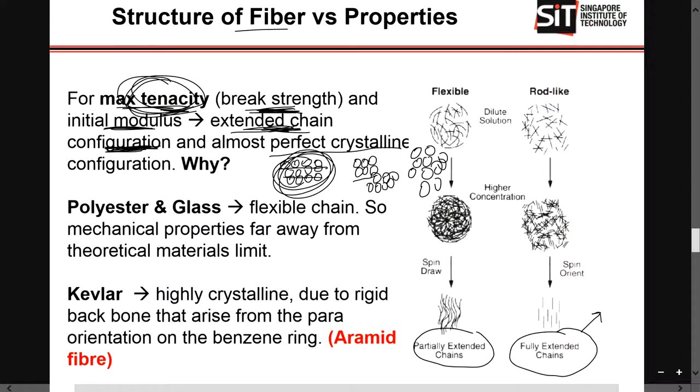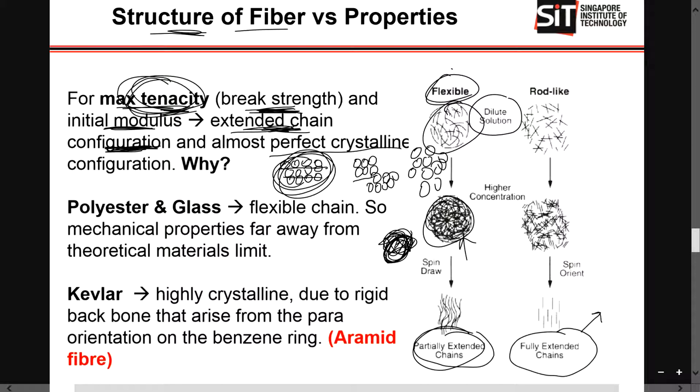And flexible. So the structure of the fibers where you lay them, if it's flexible, is like that. If it's spin drawn, meaning you spin all of them together, like you mix them all together, you have this thing like a ball. Or you can also have a partially extended chain. So it all comes in a different way. Dilute solution means that you put a little bit of the fibers in, you have this thing.